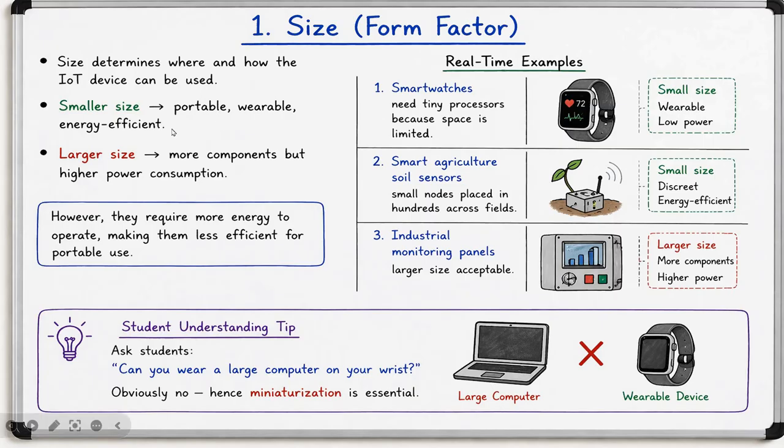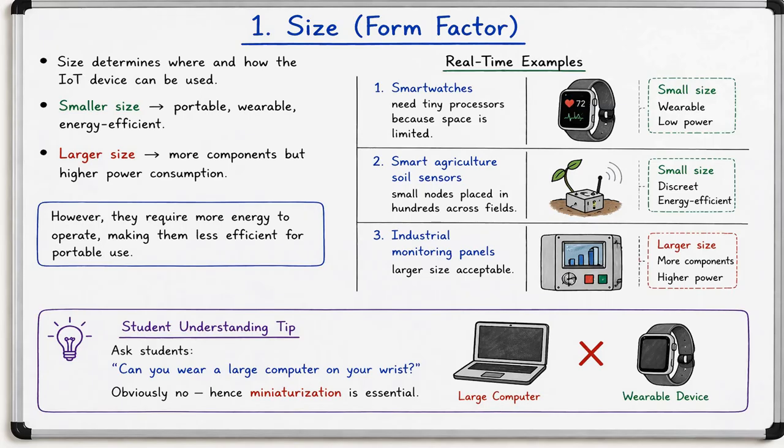And larger size means more components, but high power consumption because of the more components. It means that larger devices can include more sensors, processors and communication modules for advanced functionality. However, they require more energy to operate, making them less efficient for portable use.